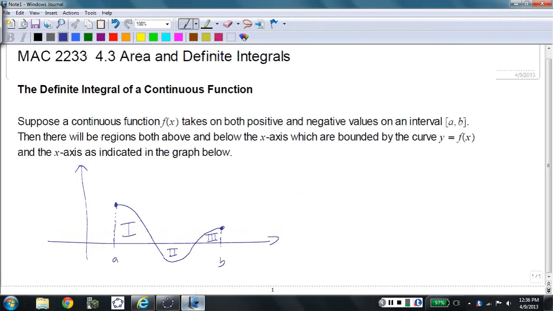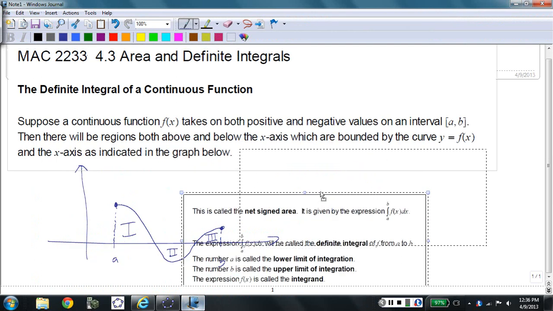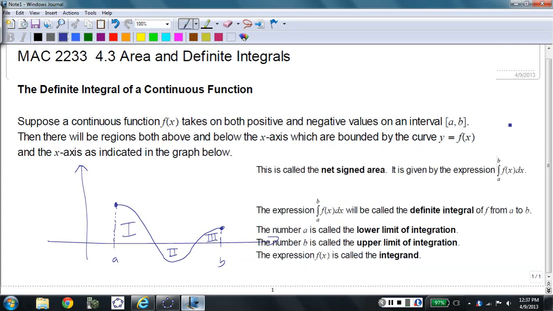Shrink this down a little bit so I can fit this to the side. The total, I shouldn't use the word total.